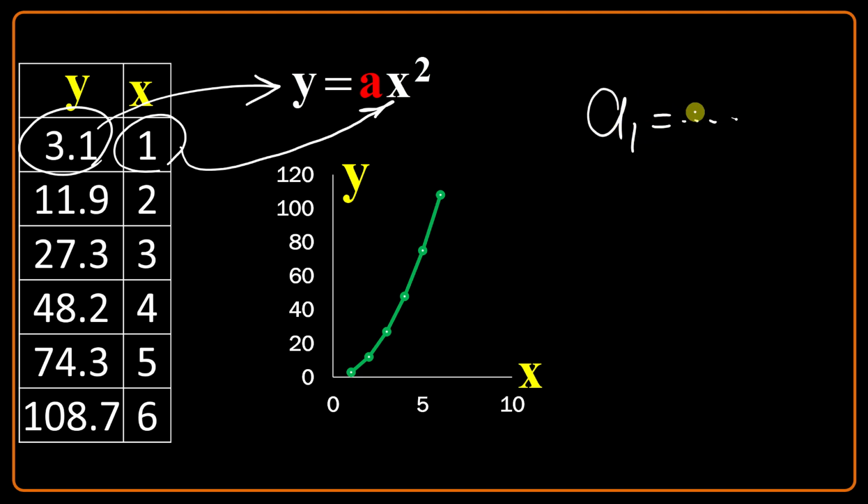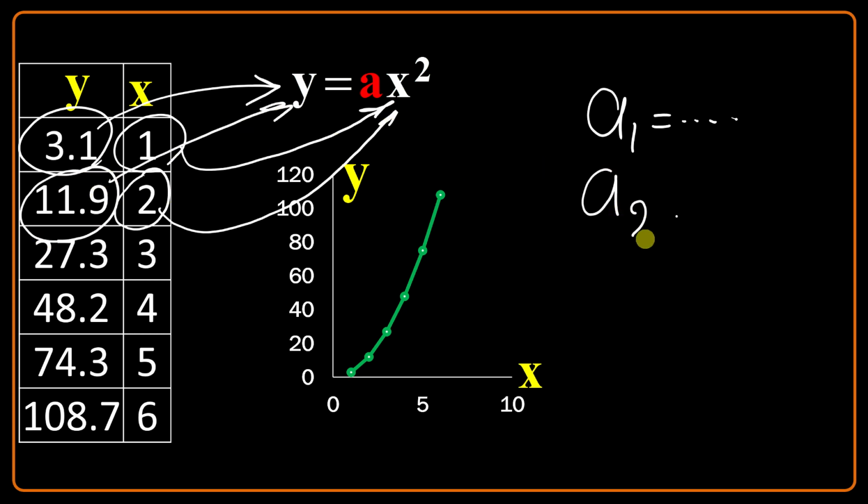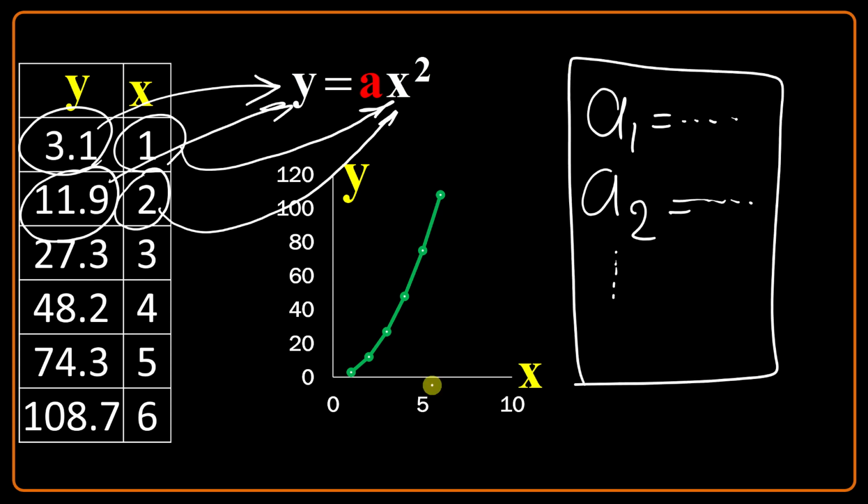Let's name it a1. Then I put another x and the corresponding value for y and find another a2, and then I continue for more and more values. Unfortunately, here I don't know how to find the best value for a, and I don't know how to check if that relation is true or not.